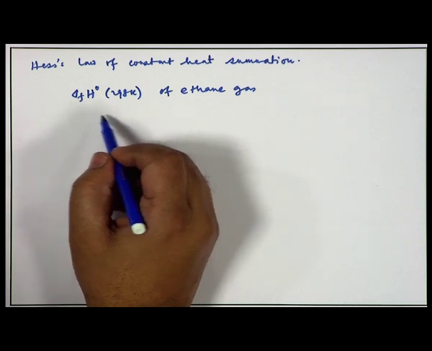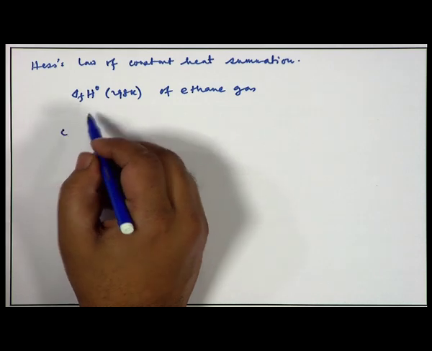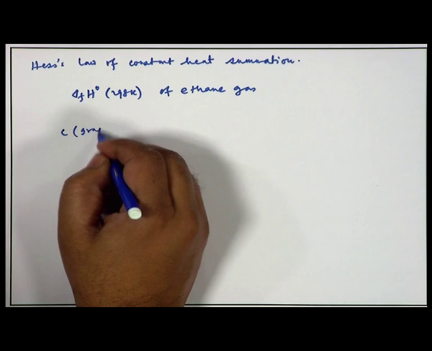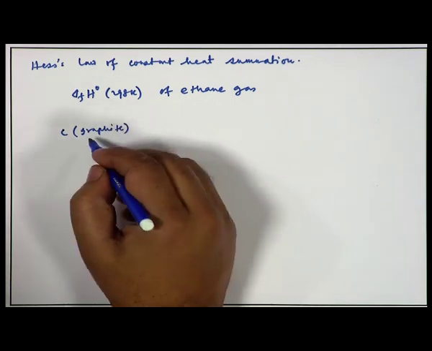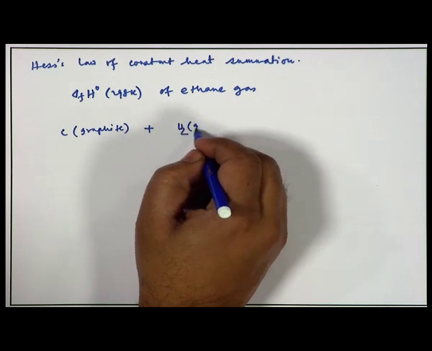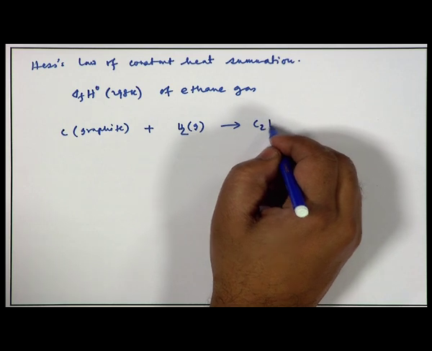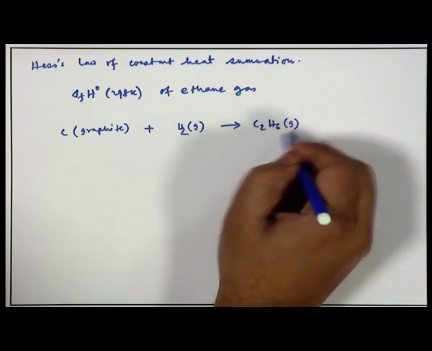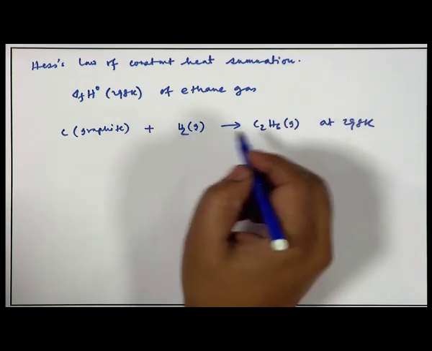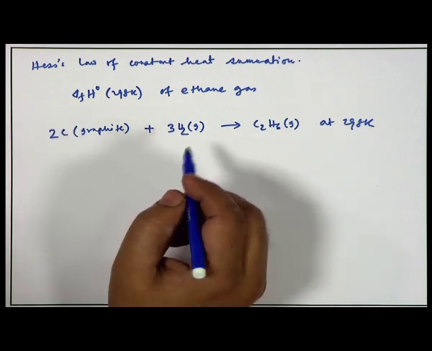So, what is the formation reaction? Constituent elements of ethane are carbon and hydrogen. So, we can write carbon in its reference state, so graphite, plus hydrogen in its reference state, to ethane gas in standard state at 298 K, and then we can balance the reaction as per requirement.